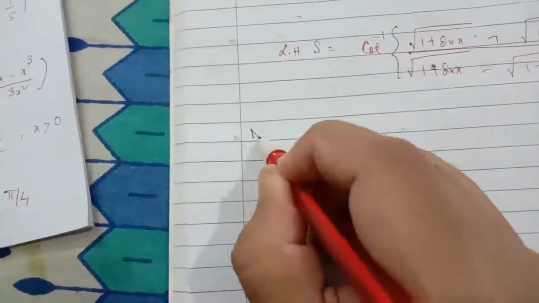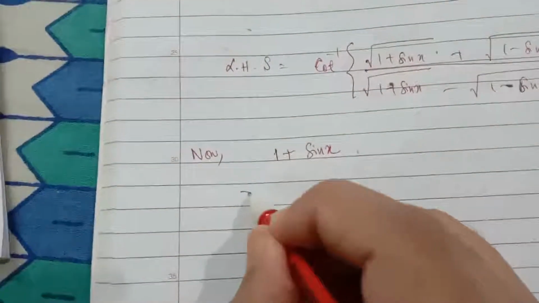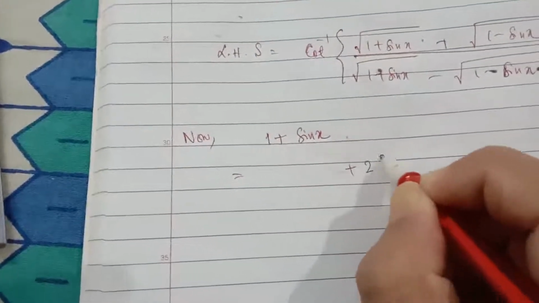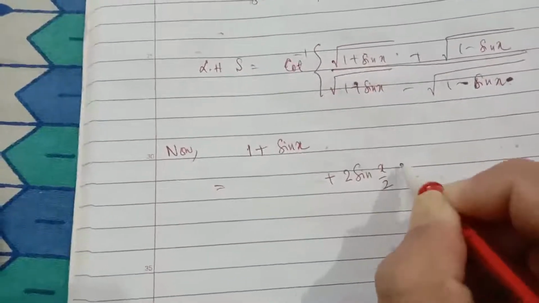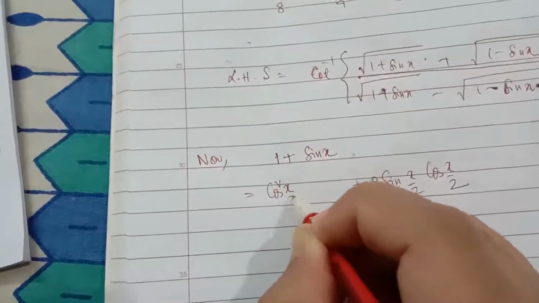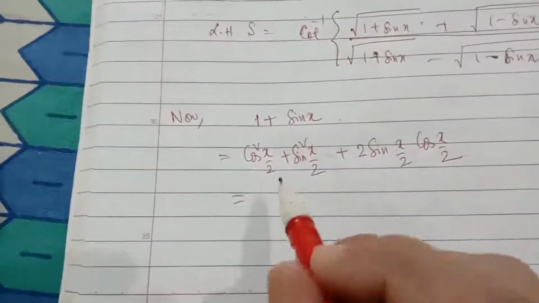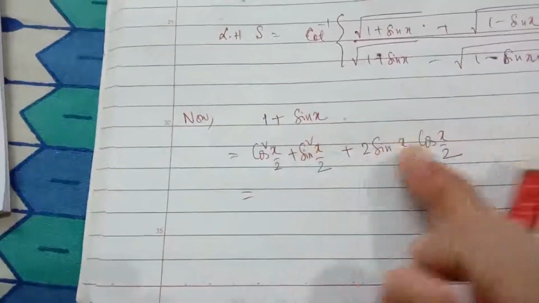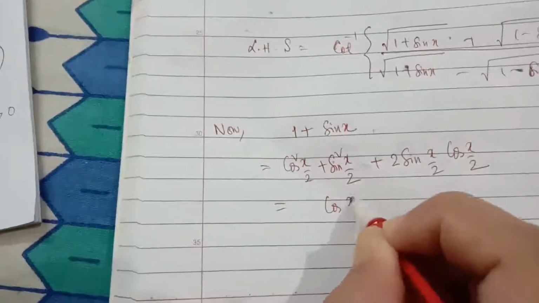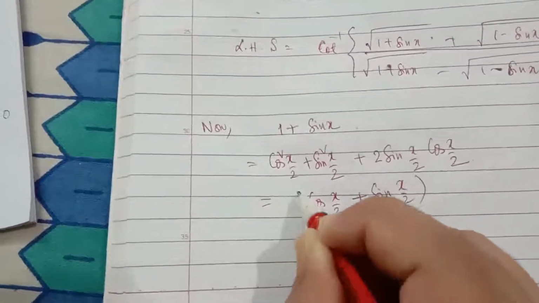Sin x we can write as 2 sin x by 2 cos x by 2, and 1 we can write as cos square x by 2 plus sin square x by 2. So ultimately you can see this is now the form a square plus b square plus 2ab, so this will be (a plus b) whole square.